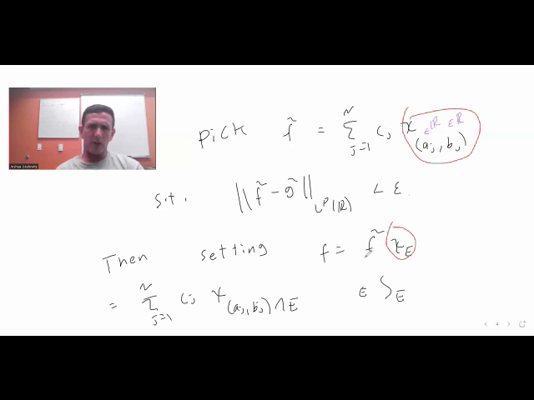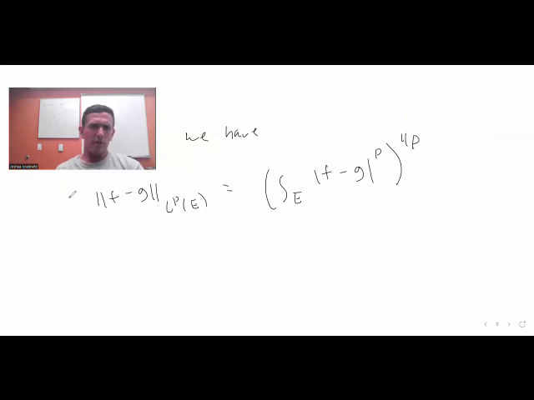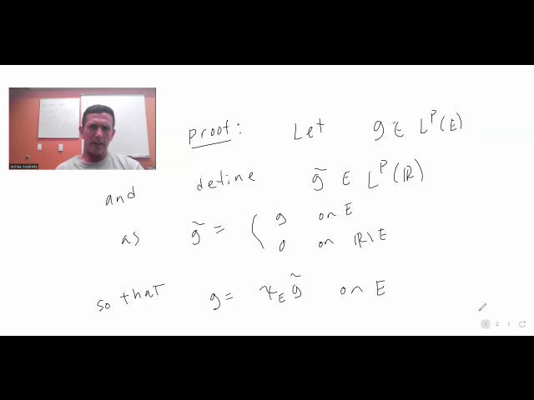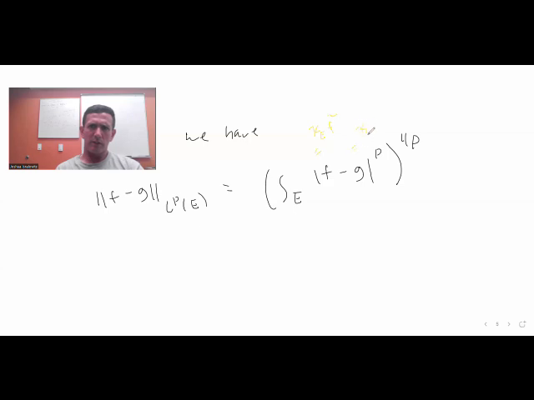And F of course equals F tilde on E. Or in other words, by definition, F is F tilde times the characteristic function of E. We commented before that G is the characteristic function of E times G tilde. So these are equal to F tilde, G tilde.